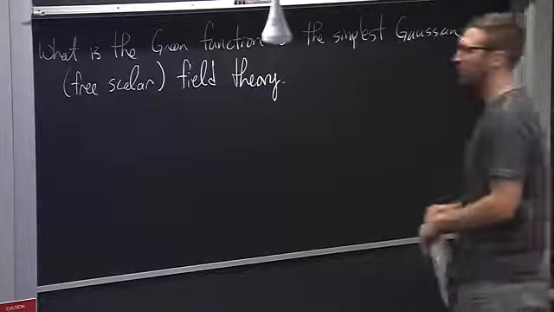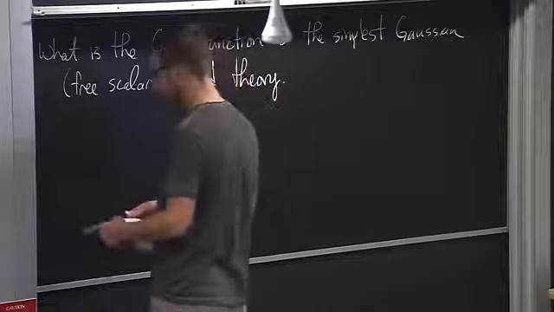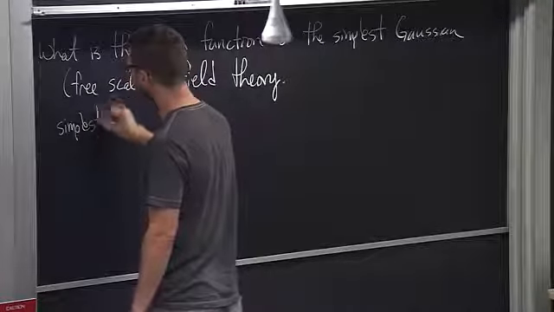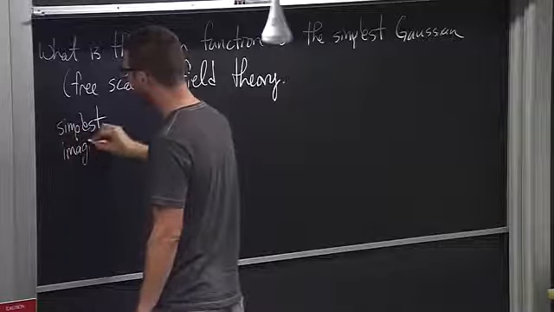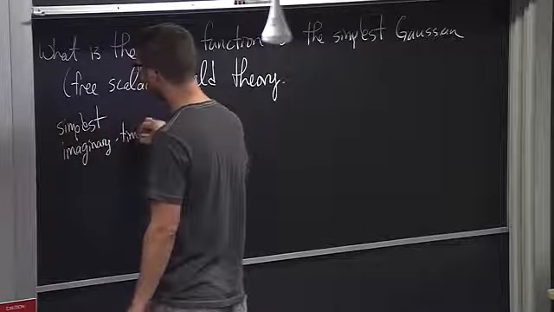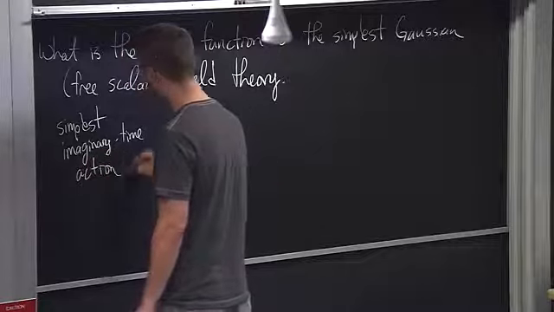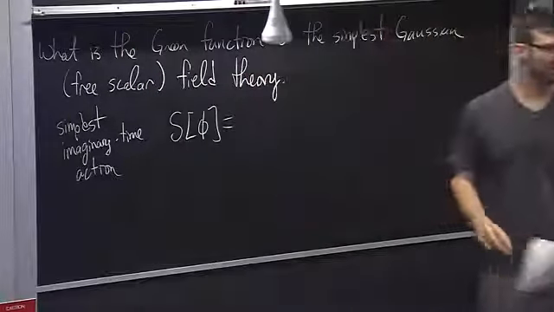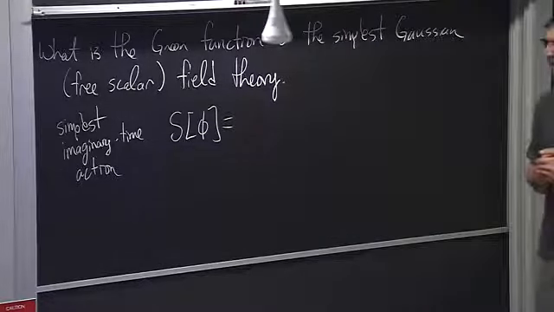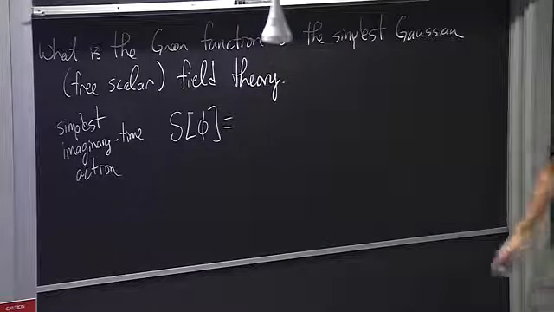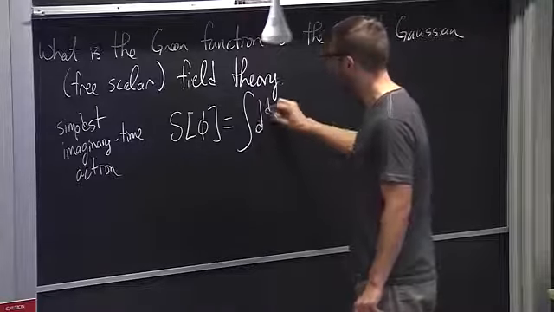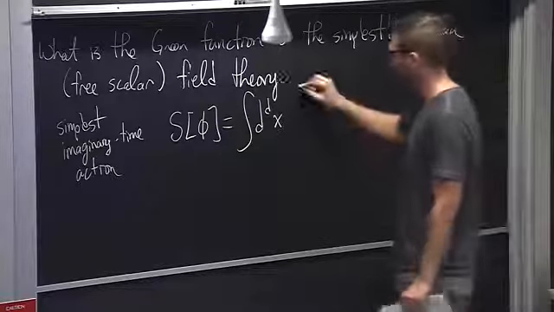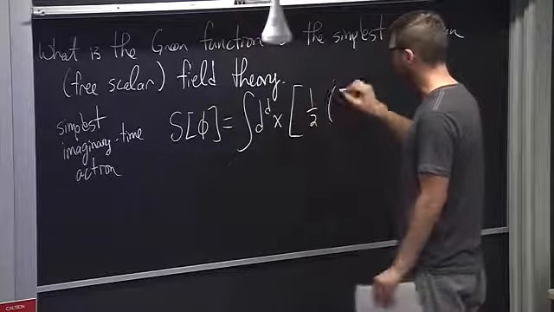So when I write the action, again, the simplest action, if you look back at your notes, we sort of derived this in the free particle case. But all we need is a couple things. So I'm going to have an integral in d-dimensional space. And I think I had written something like this before.